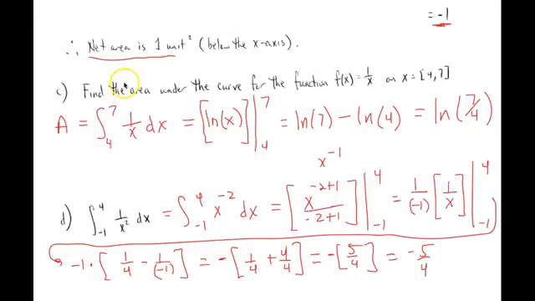And here's the reason I say that. If we look at what 1 over x squared looks like, and I'm going to bring up another screen here so that we can talk about that for a second. So let's talk about this. 1 over x squared is the square reciprocal function.